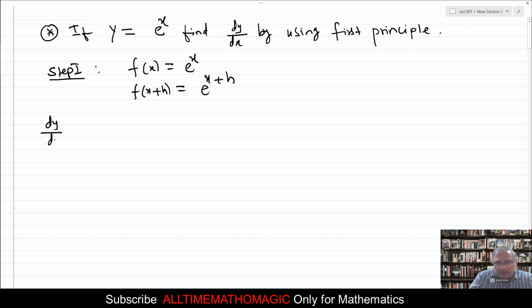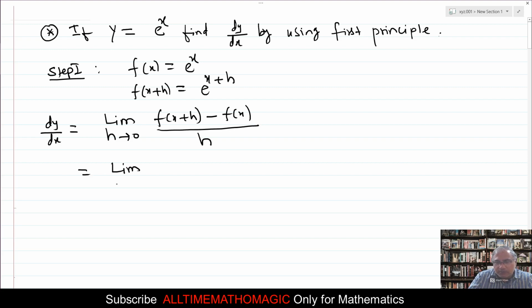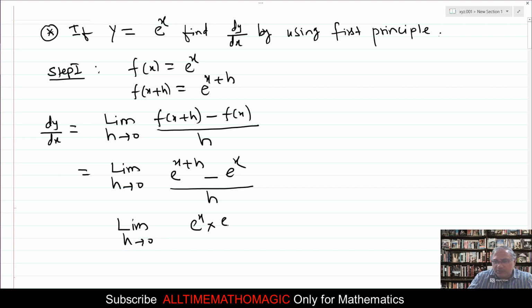Now dy by dx equals limit h tending to 0 of f of x plus h minus f of x upon h, equals limit h tending to 0 of e raised to x plus h minus e raised to x upon h, that is limit h tending to 0 of e raised to x into e raised to h minus e raised to x upon h.